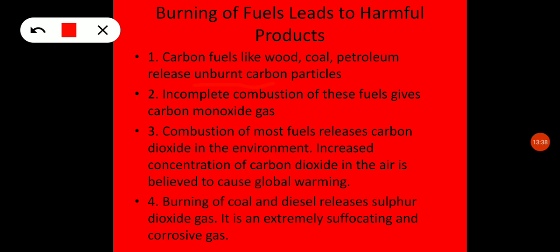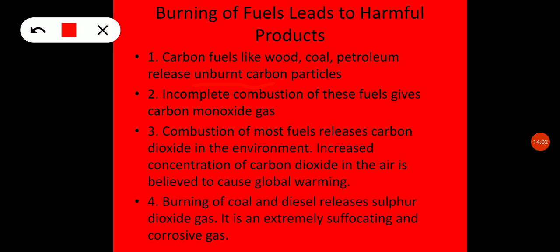Okay. Next, combustion of most fuels releases carbon dioxide in the environment. So increased concentration of carbon dioxide in the air will cause global warming. You have studied in your lower classes what is global warming. The rise in the temperature of the atmosphere of the earth is global warming.